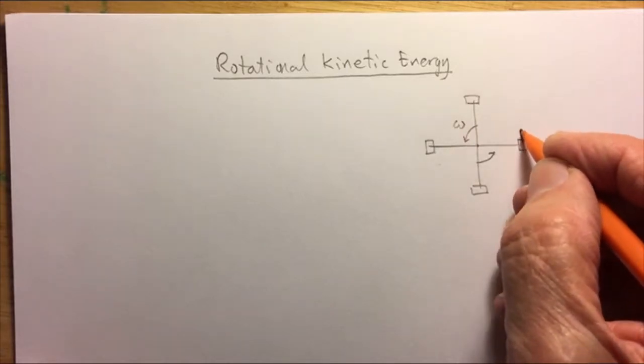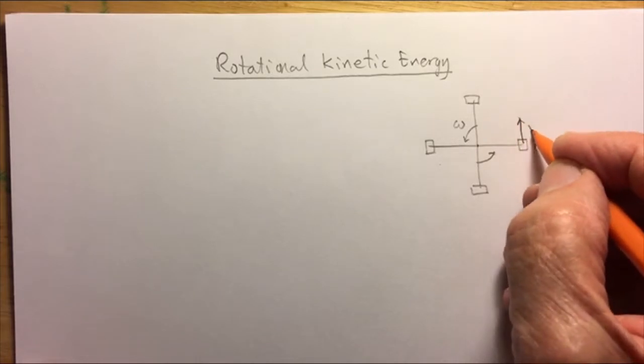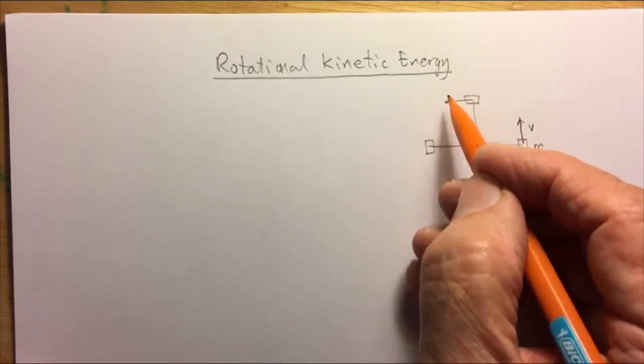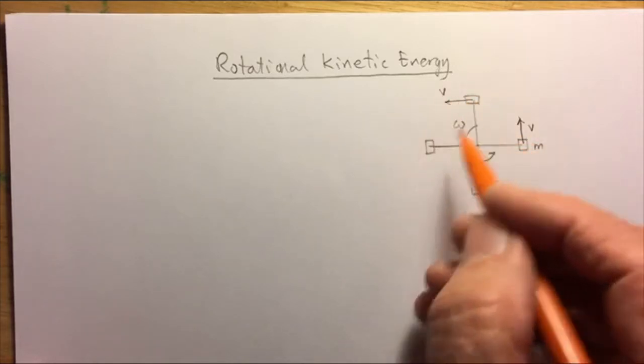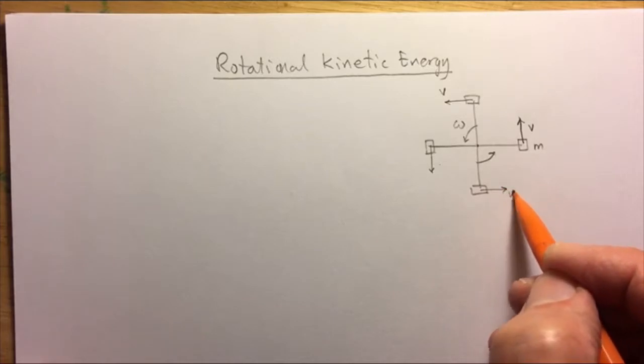So this mass m1 is going to be moving at that instant of time in this direction with the velocity v, and this will also be moving with the same velocity v but in this direction. So they'll all be going in the forward direction with the same value of velocity.